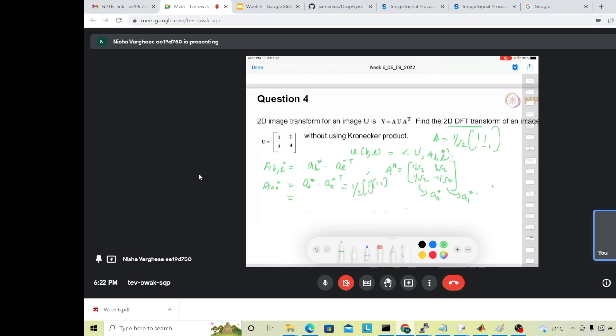So it will become 1 by 2, 1 by 2, 1 by 2, 1 by 2. Okay. Then A01 star you have to find out, A0 star A1 star transpose, which is equal to, you will get it as 1 by 2, minus 1 by 2, 1 by 2, minus 1 by 2.